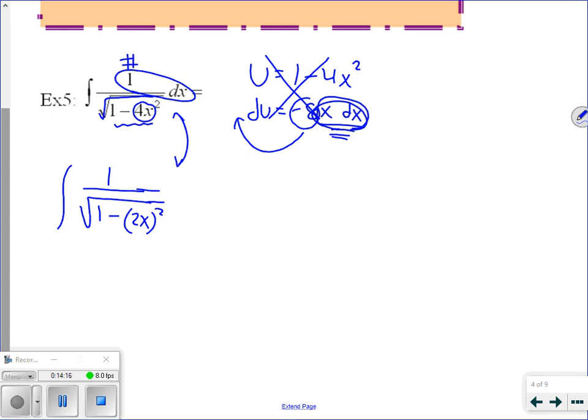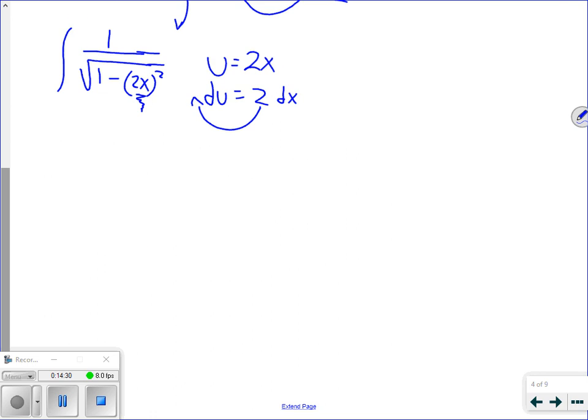The reason is that now I can let this quantity inside be u. So u is equal to 2x, and du is equal to 2 dx, and I can bring the 2 over. What I'm left with is 1/2, bringing the 2 outside as a half, the integral of 1 over the square root of 1 minus u squared.